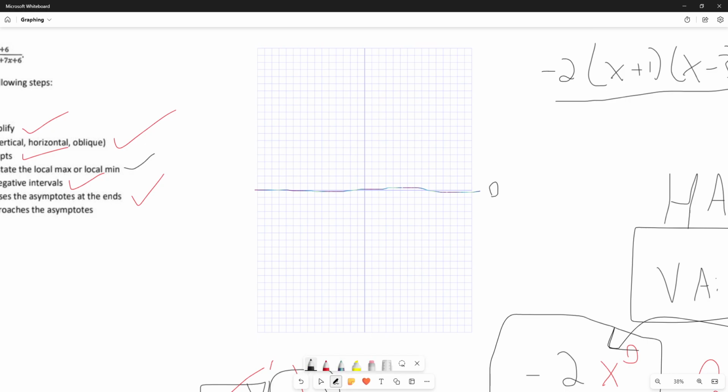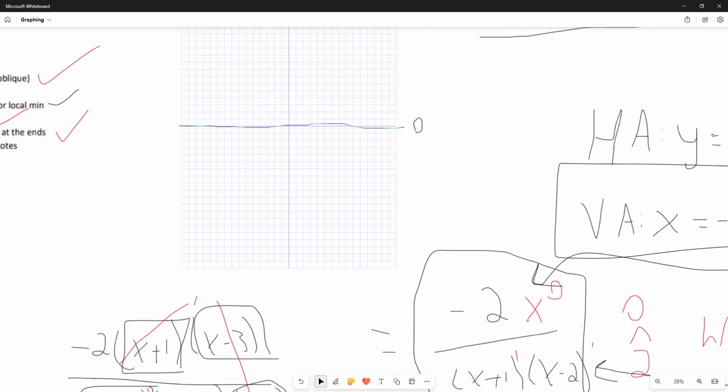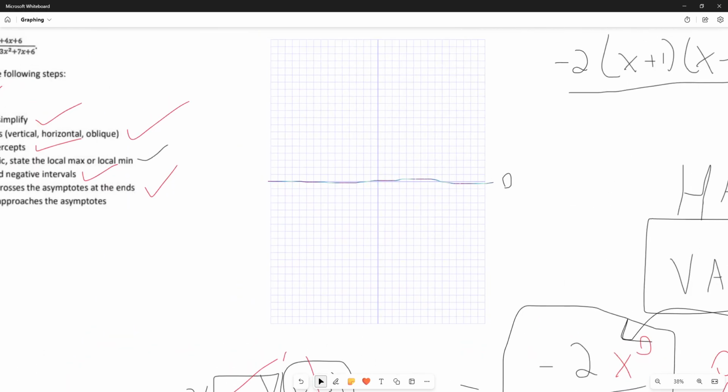And now we will use our vertical asymptotes, x equals -1 and x equals 2. I'll make that yellow, make that red. So we'll go up, we'll snake up, at -1 and 2.